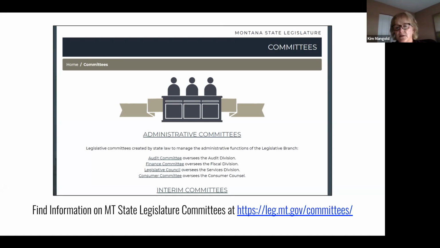The Legislative Committee is all the services that the legislature provides, and then the Consumer Council. And then go down to the interim committees. Oh, you can't see. There's an interim committee as I've described, and then we have all the session committees. It's not unusual for any one of us, if we're not able to attend that committee hearing, to sit in on it and listen in.